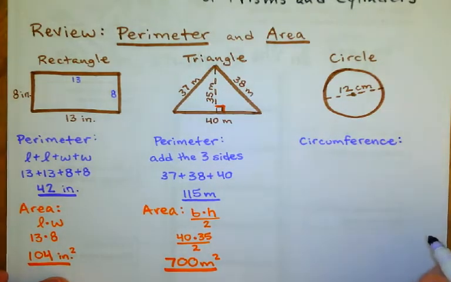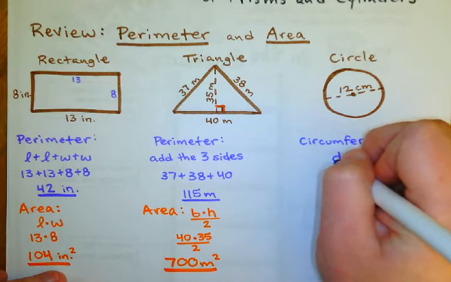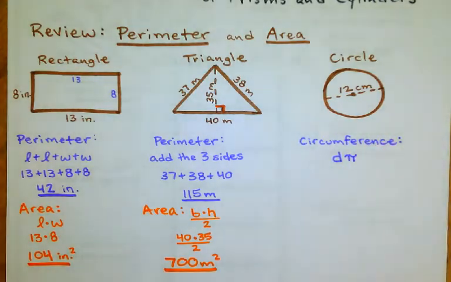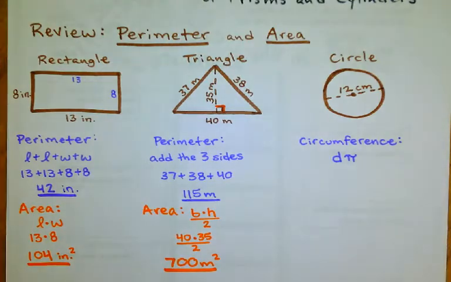And the circumference of a circle is your diameter times pi. And remember, pi is 3.14159 26, and so on, right? But we're taking our diameter times pi. Now diameter, remember, is the distance all the way across your circle. So here, our diameter is 12.